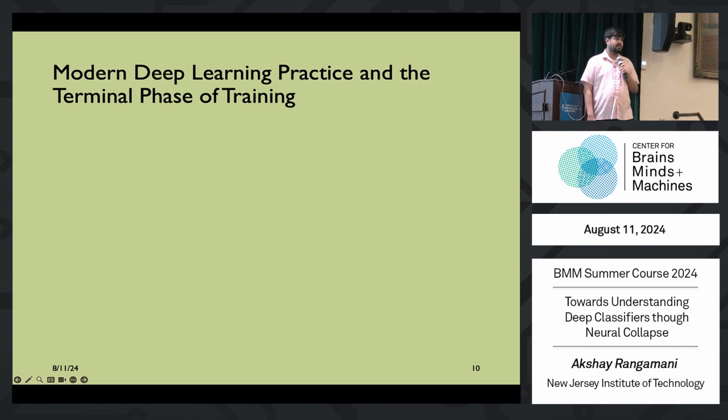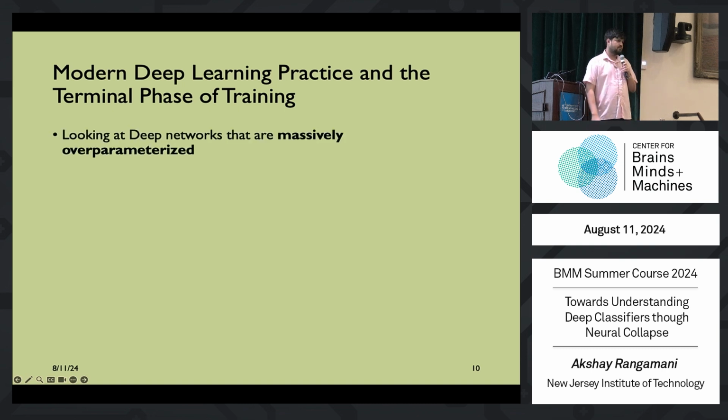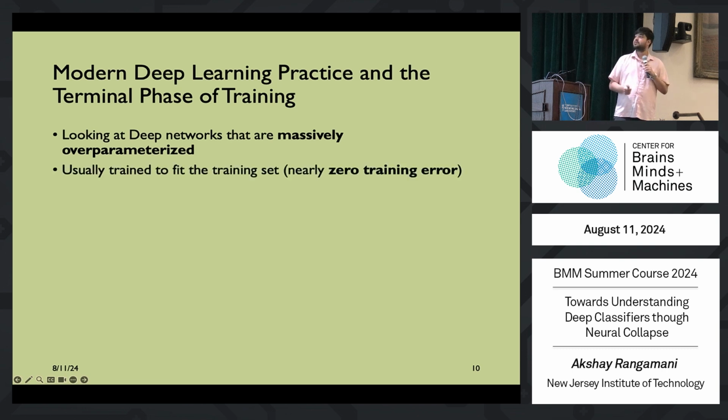So in the modern practice of deep learning, when you have a finite data set, a typical approach is to add more layers, take a bigger network, make your network as big as possible to fit the data set, and that's usually a good strategy for generalization. So we use deep networks that are over-parameterized.